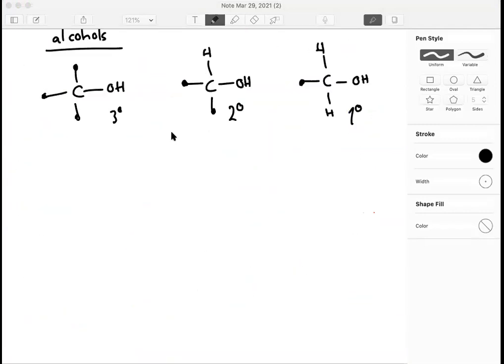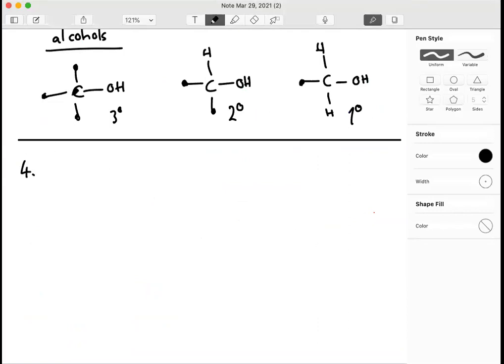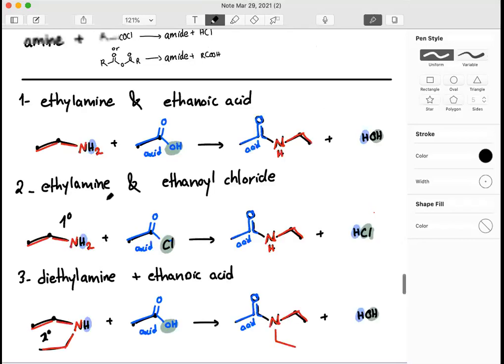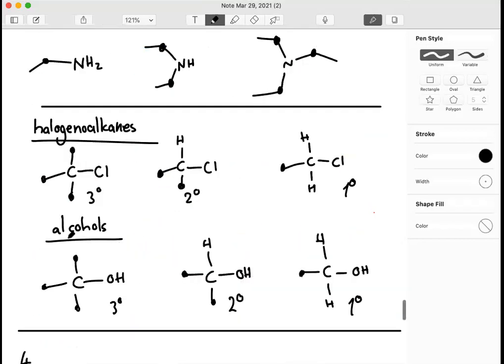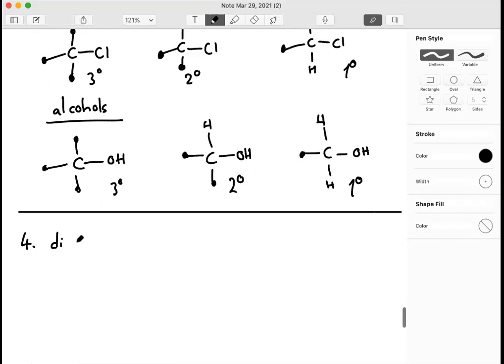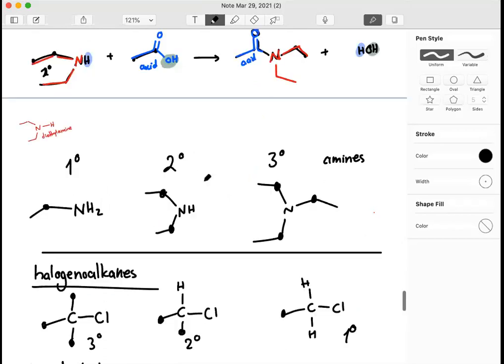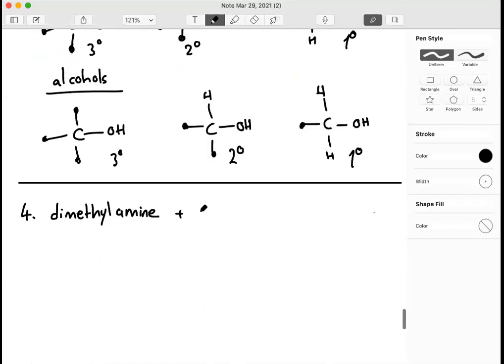So we'll do example number 4, to complete the set of examples that we have. So I will use the same dimethylamine. And this time I will add, instead of ethanoic acid, I will add ethanoic anhydride.